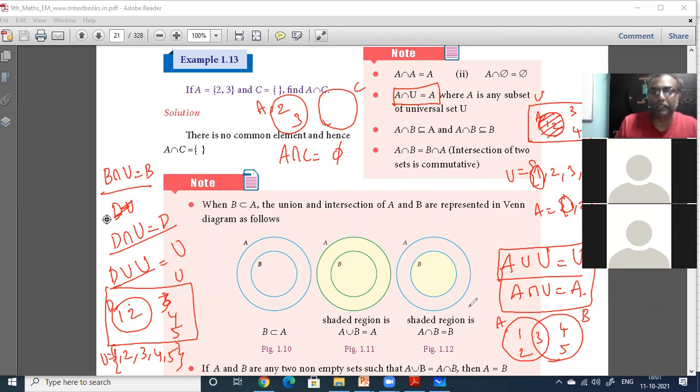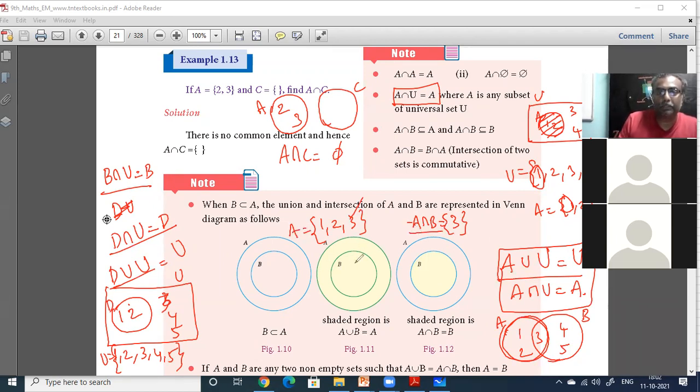Now, if you keep it like this, what is A intersection B? A intersection B is 3. Is it a subset of A? A is 1, 2, and 3. So this is a subset, because 3 is in A, correct?